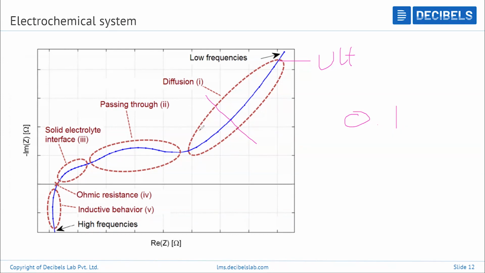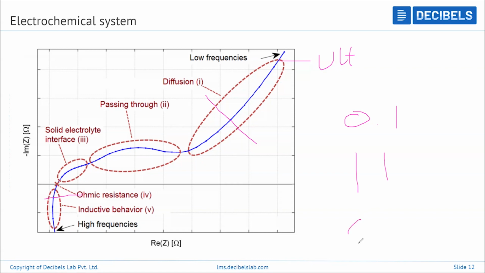And when you take high frequency, our machine is having around 1 kilohertz, like 1050 something. We can capture up to half of the ohmic resistance, not the complete graph. So the inductor behavior, you can neglect. Again, it depends on the chemistry.